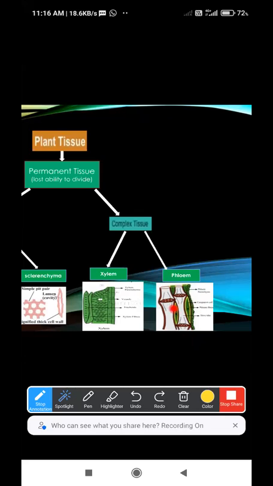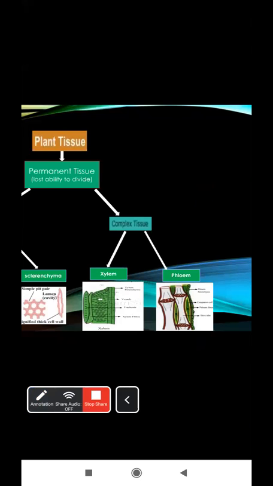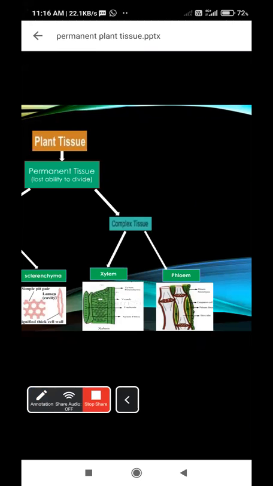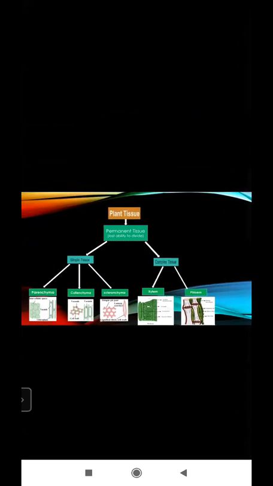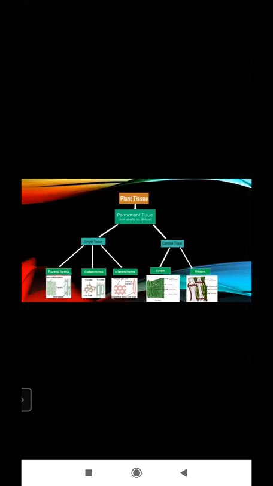So phloem will transport nutrients in all directions from the leaves to the other parts of the plant. So in short, we can also say that phloem conducts food or the nutrients in all directions.